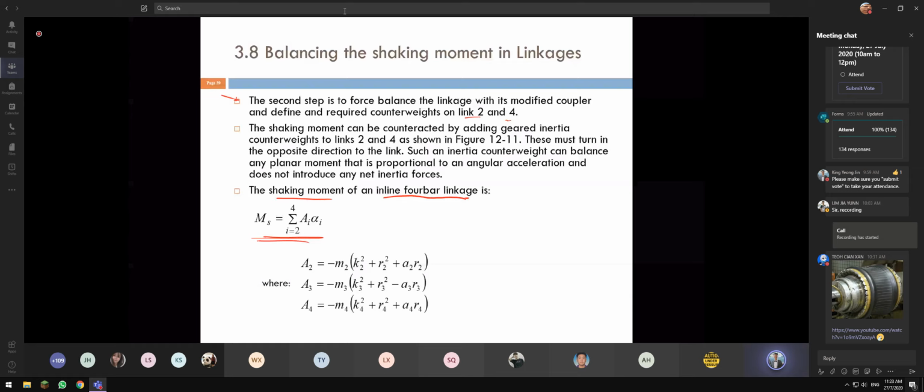We can calculate the A2, A3, and A4 for link 2, link 3, and link 4. Link 1 is ground, so link 1 has no effect. We only have link 2, link 3, link 4, and this is the formula given.